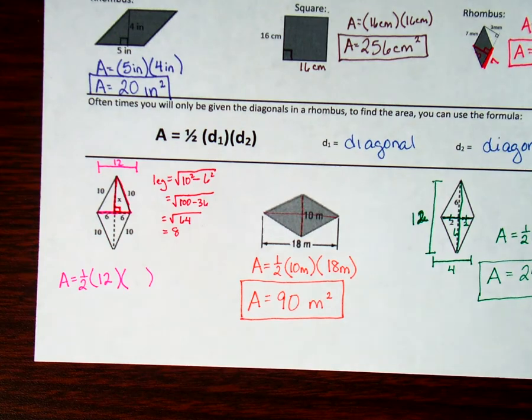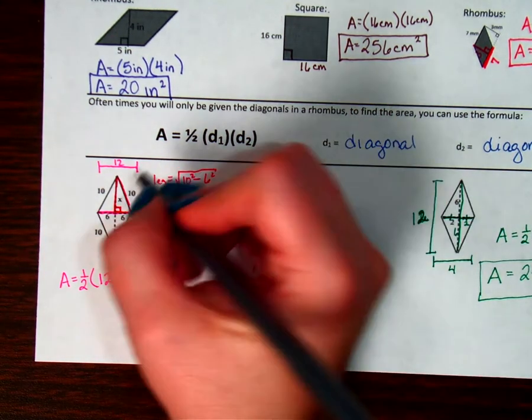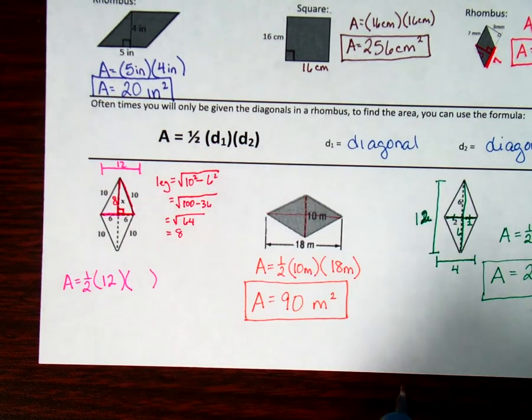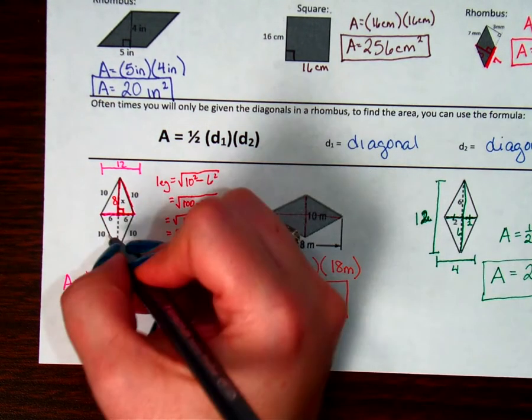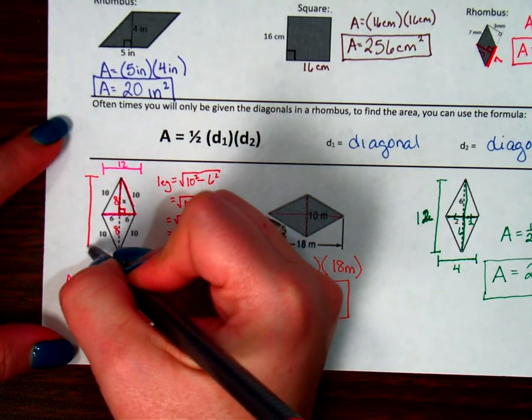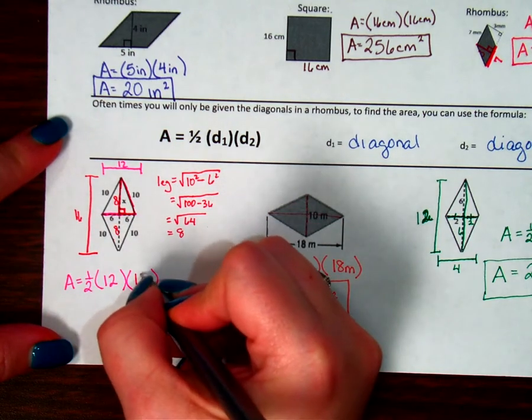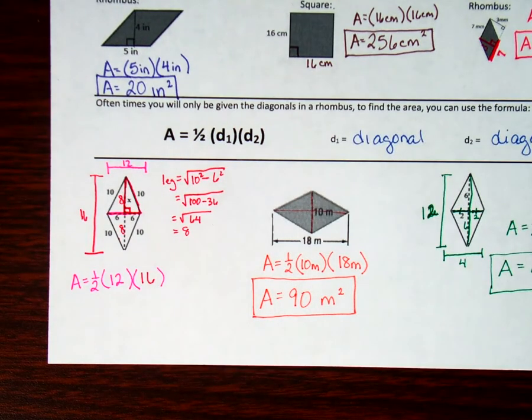Yes. Okay. So that doesn't mean I put an 8 here. That's not the diagonal, right? That's just half the diagonal, which means my other half is also 8. So this whole diagonal then is 8 and 8, 16.